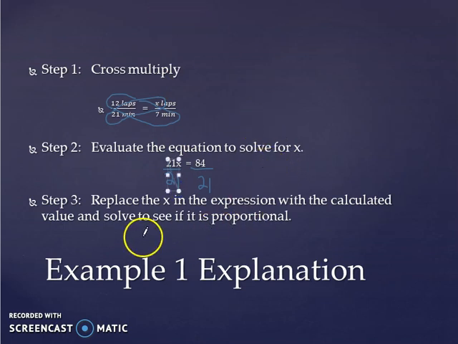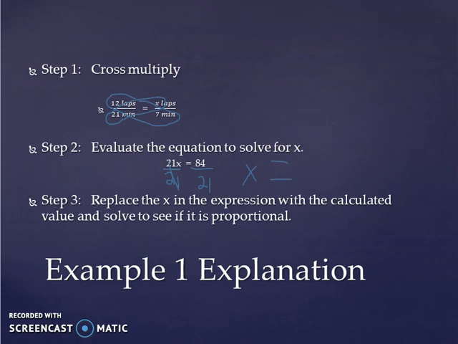So I'm going to go ahead and write x here. And then the next step is to divide 84 by 21. You can go ahead and go to the side and do your division there to get your answer.